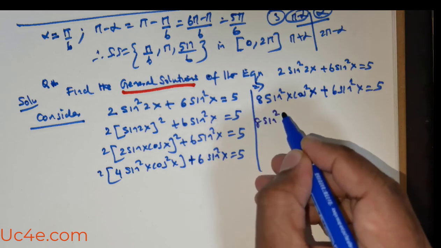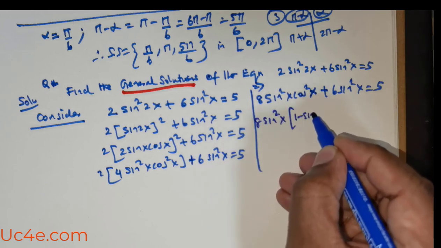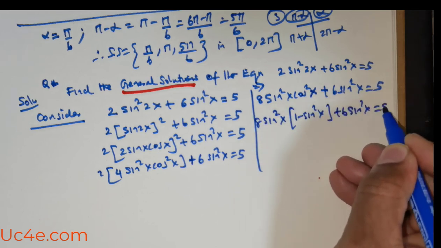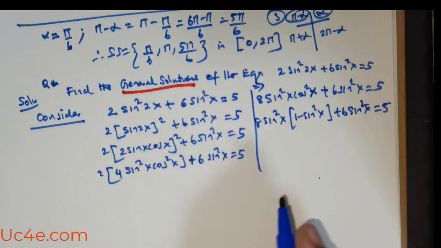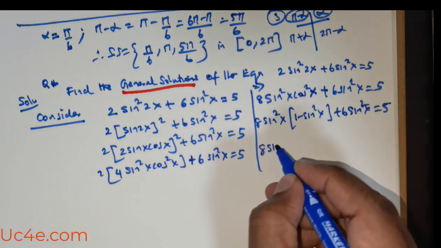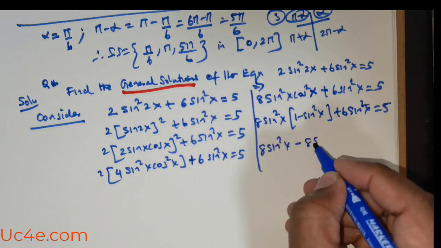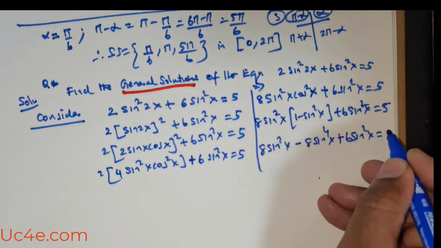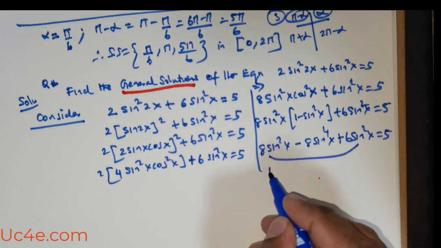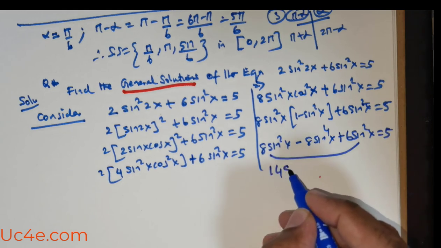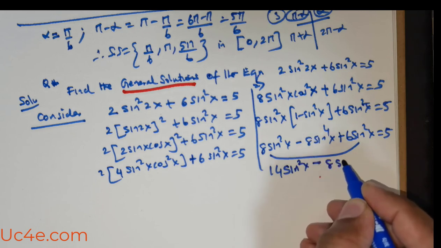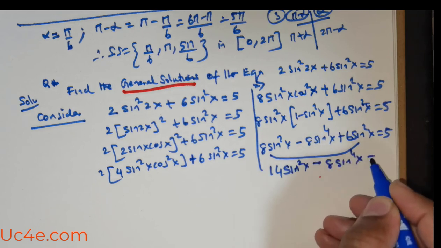So this is 8 times sine squared x times (1 minus sine squared x) plus 6 times sine squared x is equal to 5. So this is going to be 8 times sine squared x minus 8 times sine to the power of 4 x plus 6 times sine squared x is equal to 5. I can add these two and get 14 times sine squared x minus 8 times sine to the power of 4 x is equal to 5.